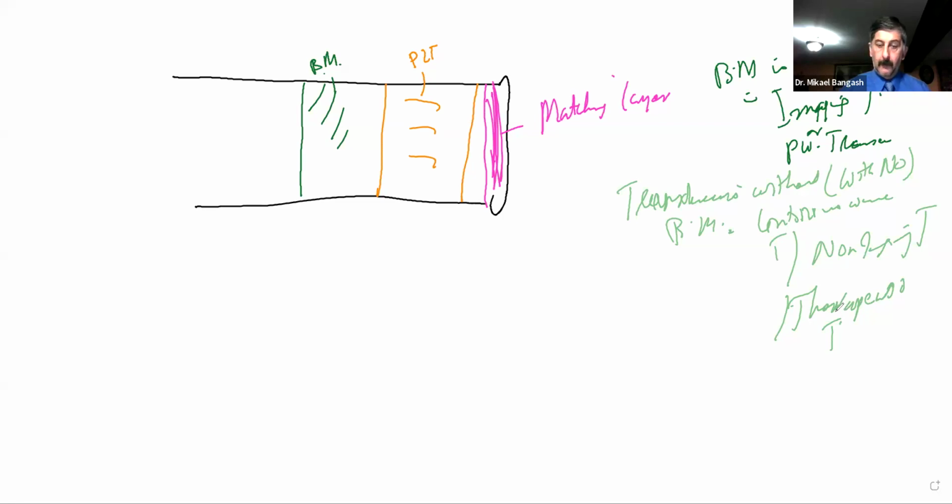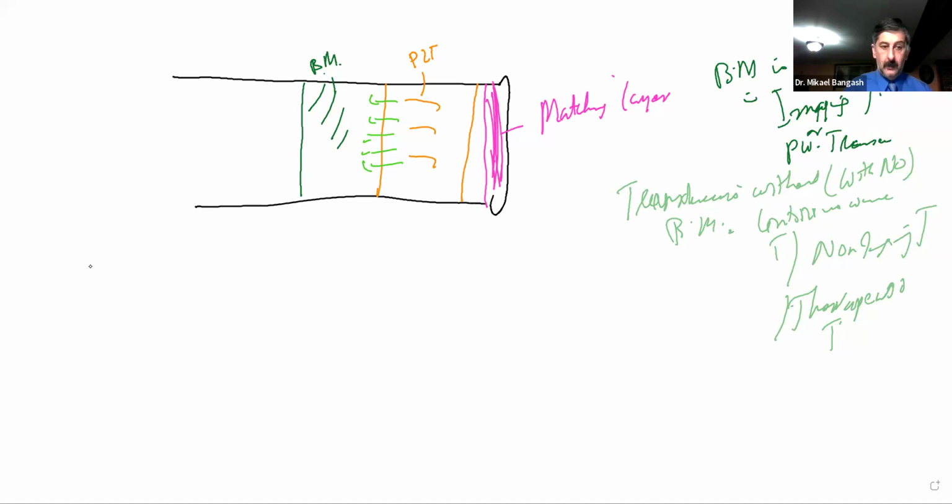And what actually causes transducers with backing material to be imaging transducers is that it will absorb a lot of the vibrations from the crystals of the piezoelectric material.